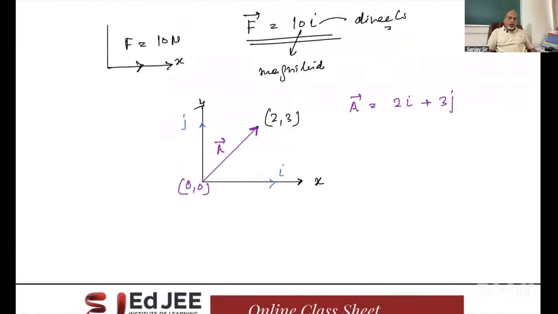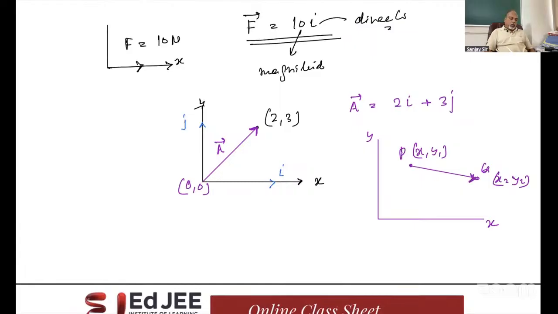So the general formula you can say: suppose you have a point P, P is x1, y1, and here is point Q, x2, y2, and you want to find out the vector PQ.